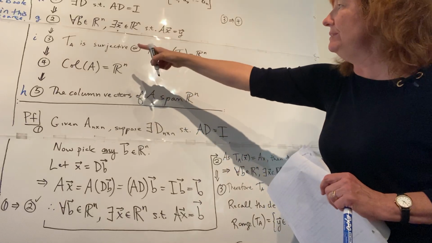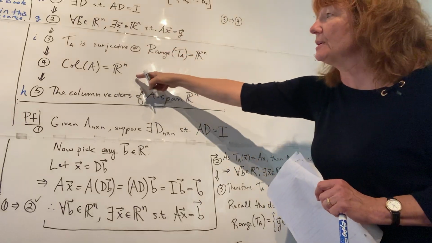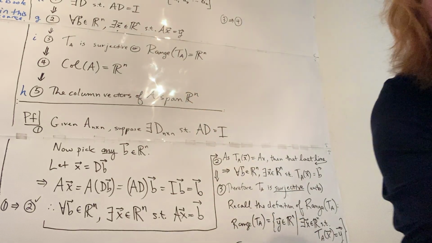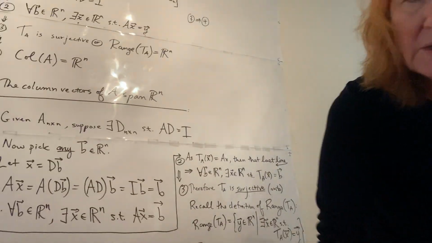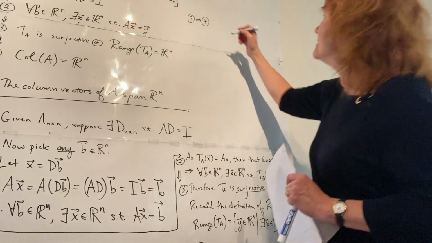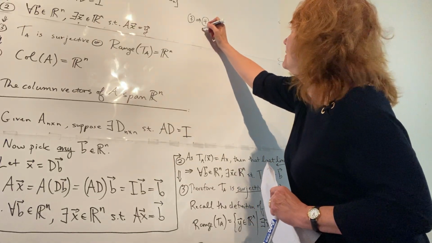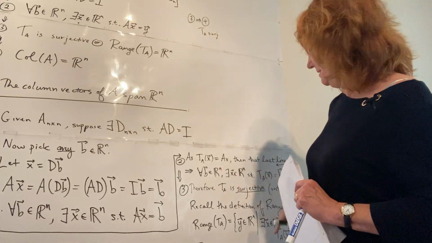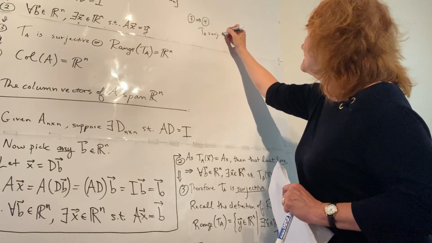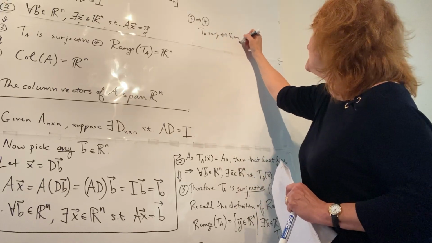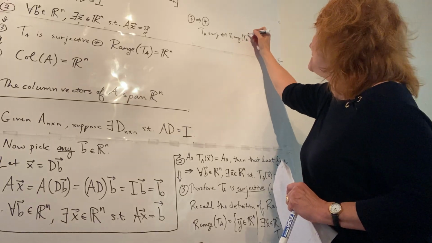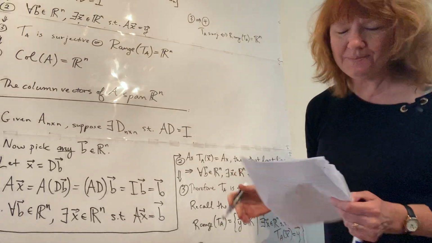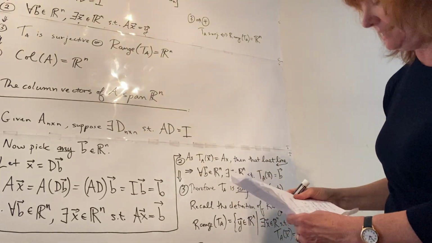We're assuming T sub A is surjective, and we're going to show that the column space of A is all of Rn. T sub A surjective, we just did down here, is the same thing as saying that the range of T sub A is equal to all of Rn.